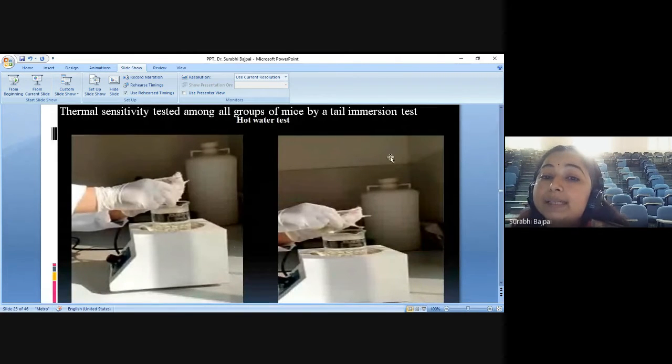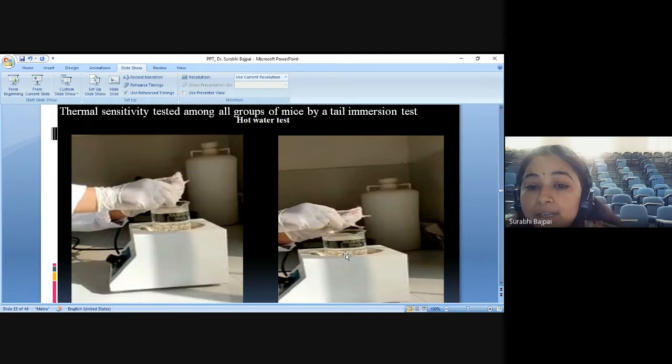Thermal sensitivity was tested in mice with the help of the tail immersion test. Like in the hot water test, we conducted this test in our laboratory, and as you can see, the mouse shows a reactiveness towards the hot water test. Then it was given the astaxanthin.